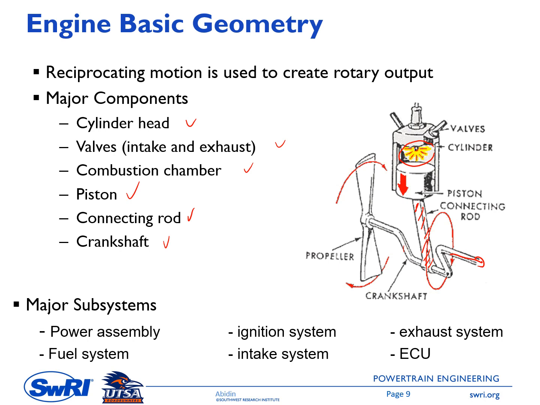The basic geometry of the engine can also be classified into subsystems. So for example, we have a power assembly subsystem. So this one. And then we also have a fuel system, so we can see later on. So we have an injector system, which consists of the fuel pumping, fuel filter, the injector itself, and so on.